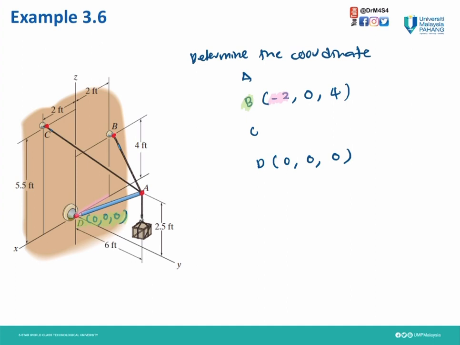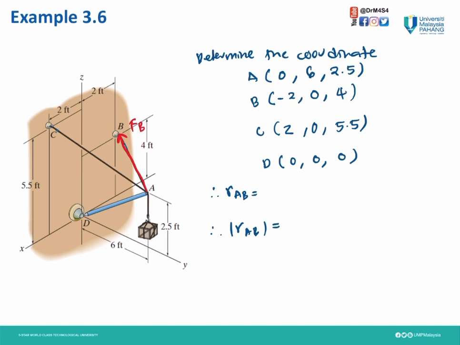On the y-axis, point B is on the wall, therefore it's 0. Then on z, point B is going up by 4 feet, that is the positive z-axis, so the answer is 4. So the coordinate for B is negative 2, 0, 4. Repeat the same procedure for the other points, so we can find the coordinates for A and C.